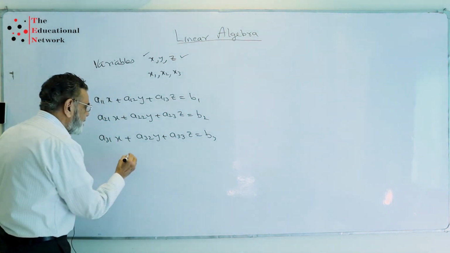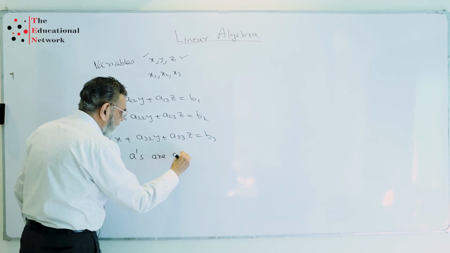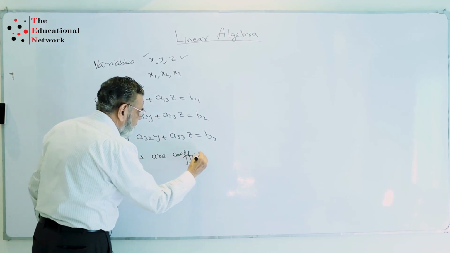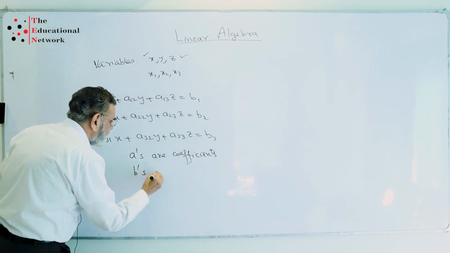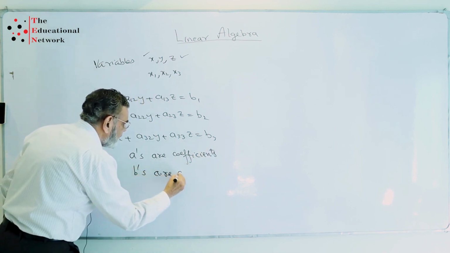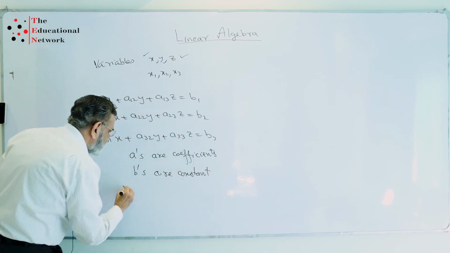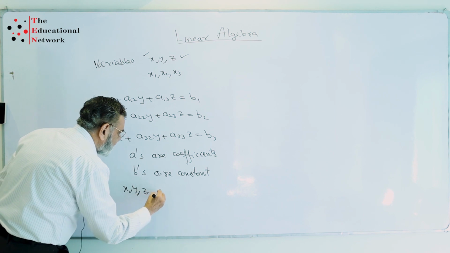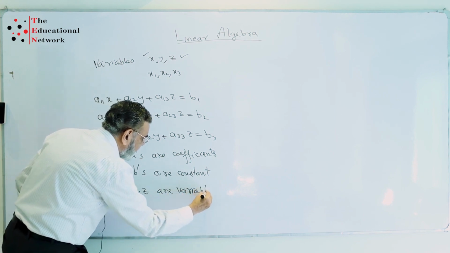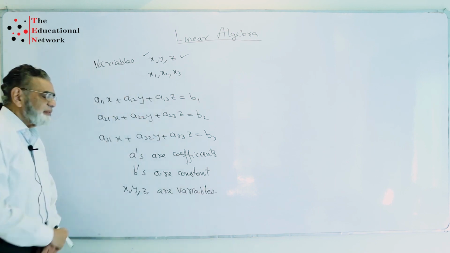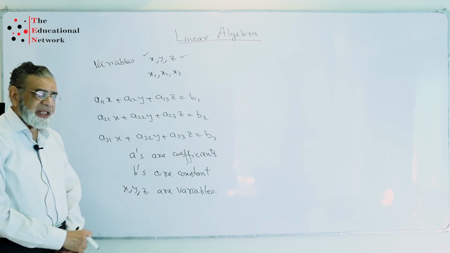Again, I write it here. Our a's are coefficients. Our b's are constants. And our x, y, z are our variables. In an equation, we know these a's and we know these b's. x, y, z are unknowns.